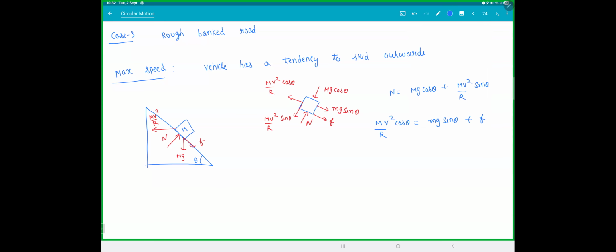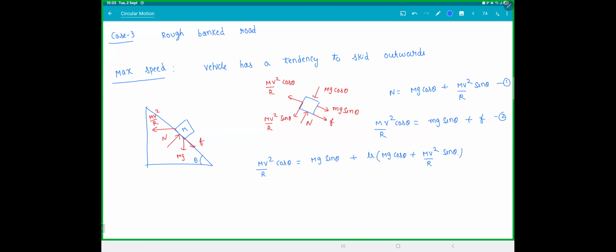Slightly lengthy equations, but we know f value is always equal to mu into N. So if you substitute that, this is one equation and this is your second equation. So we get mv square by r cos theta is mg sine theta plus f, and f is mu into N, which is mg cos theta plus mv square by r sine theta.